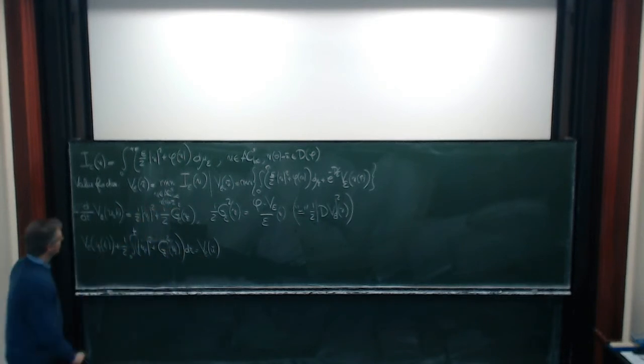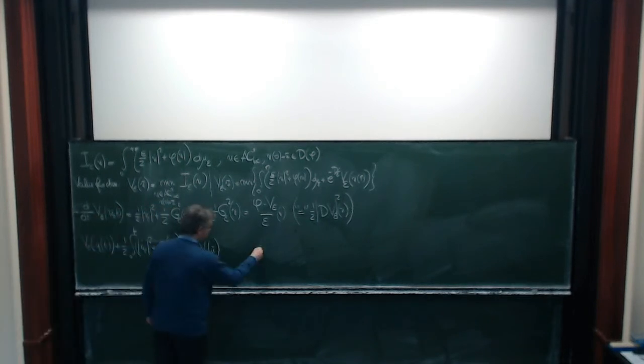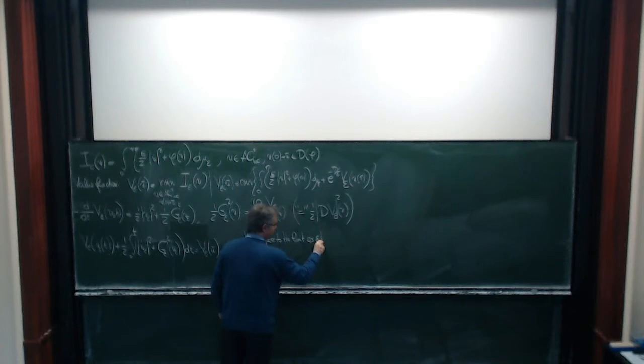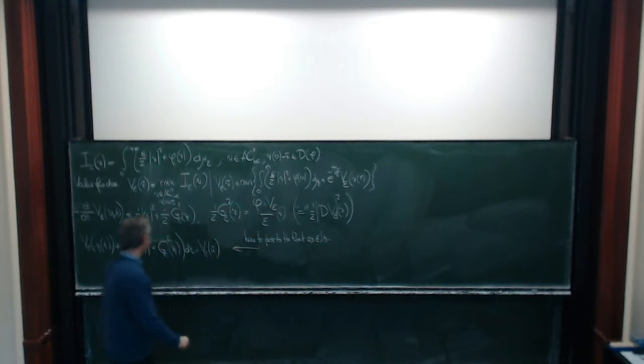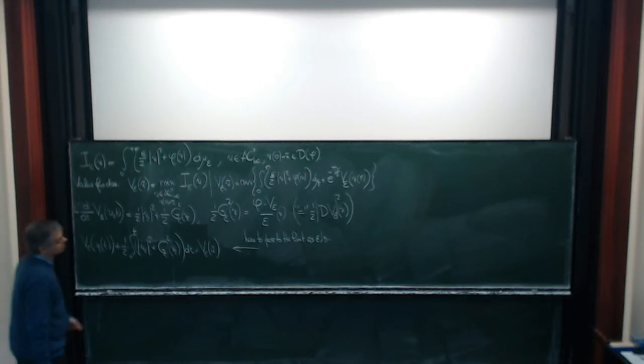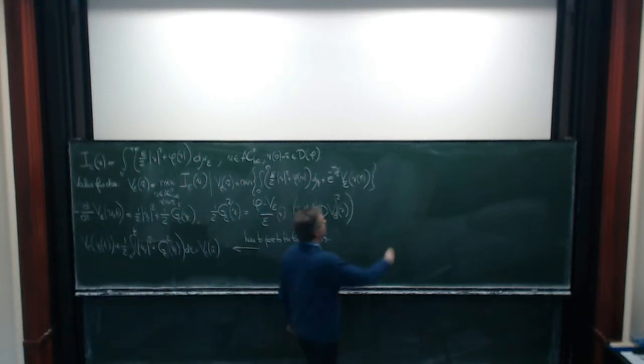Okay? And now the question is how to pass to the limit as epsilon goes to 0. So we have to check a few steps.